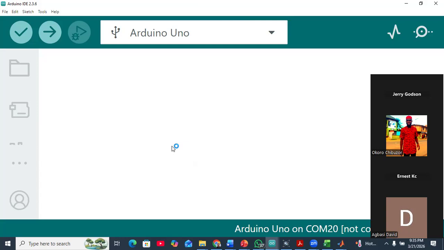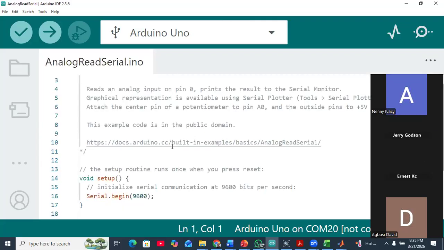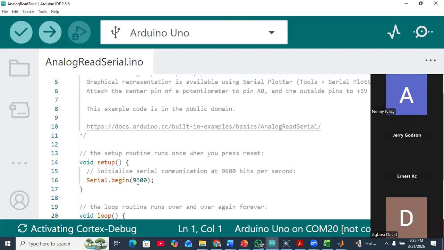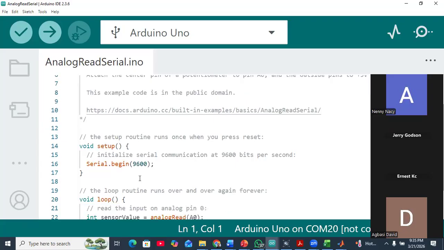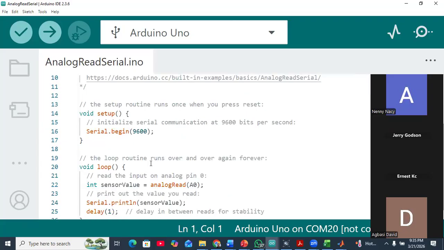So this is the serial baud rate already defined. And this is A0 where we connected our sensor.